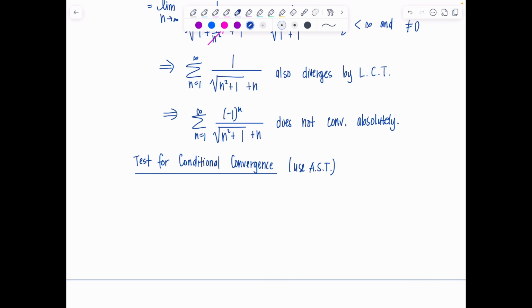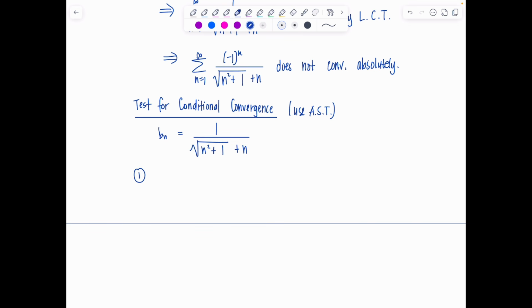Okay, for AST, you need to identify Bn, which is the same as the absolute value of An. So it's 1 over square root n squared plus 1 plus n. Okay, so I have to check two things. First, is Bn decreasing? Let's see if we could just use the definition and not have to take a derivative. Bn plus 1 would be 1 over square root of n plus 1 squared plus 1 plus n plus 1.